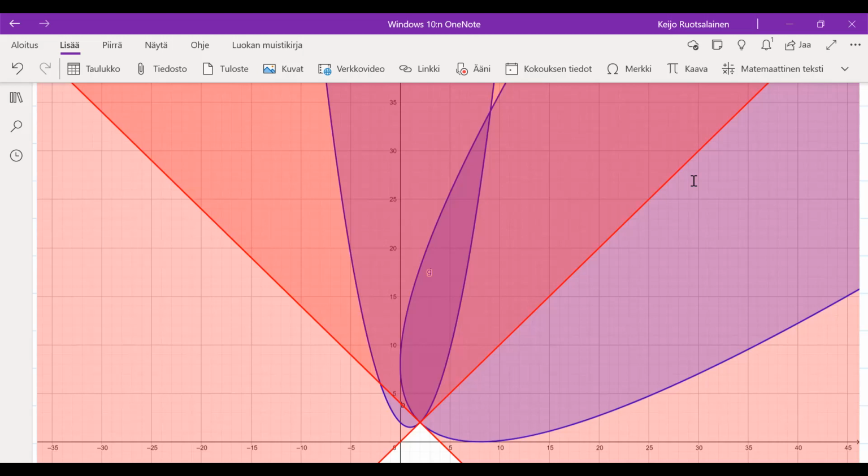But I draw the pictures in such a way that it is the transformed cone. So here we have now the cone of feasible directions.